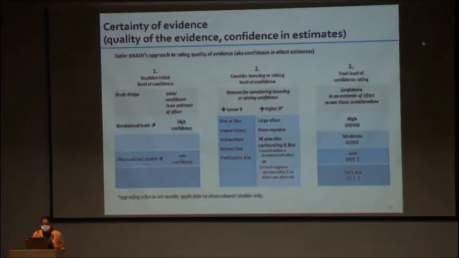And then finally, the third one is actually coming to the confidence. So you keep rating down RCTs because of these issues, or if they're observational studies, you will keep rating up, and we will land up with the final confidence, which I told you is 4 discrete categories ranging from very low to high.